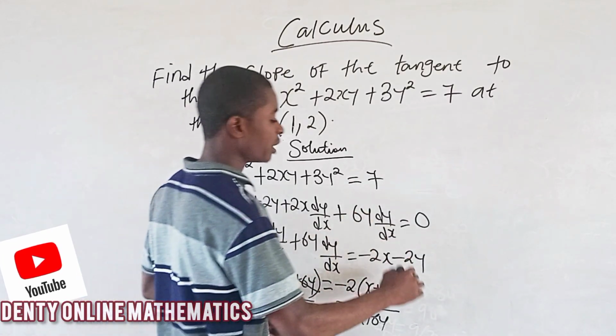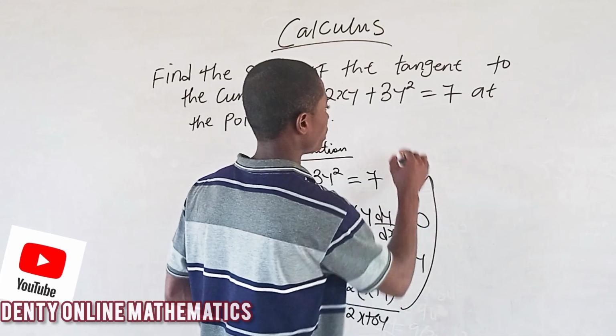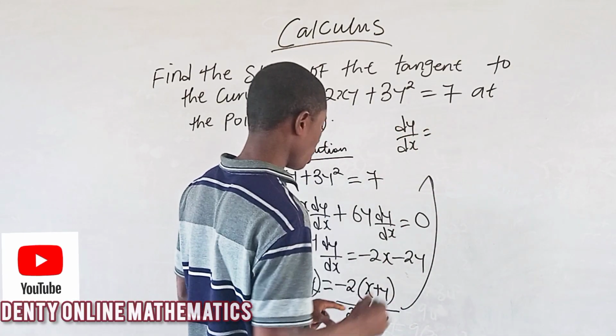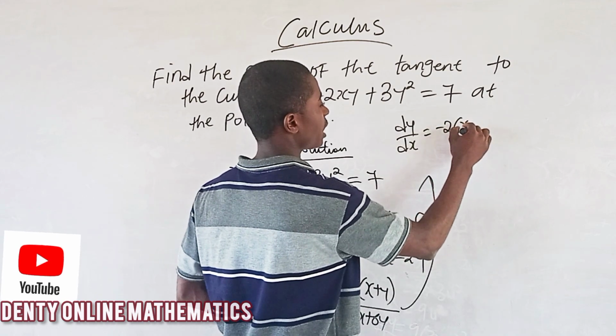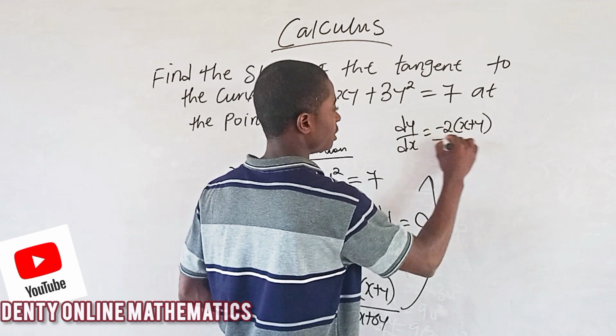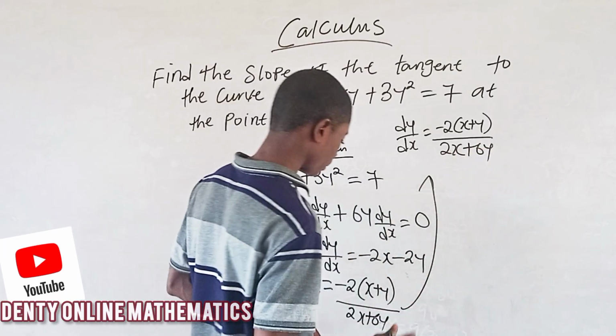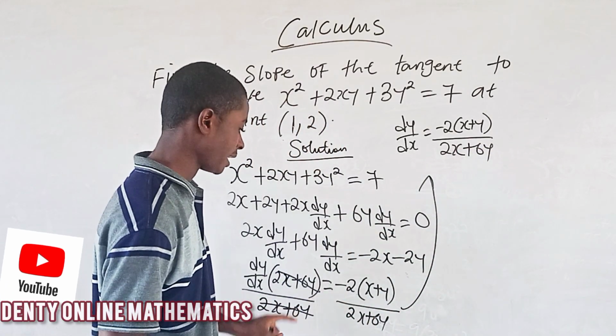So taking all of this upward, we can say our dy over dx will be equal to minus 2 into x plus y divided by 2x plus 6y. That will be our dy dx.